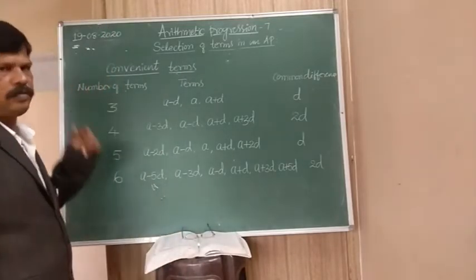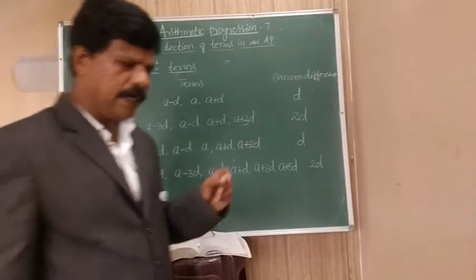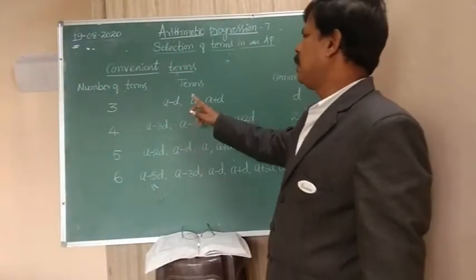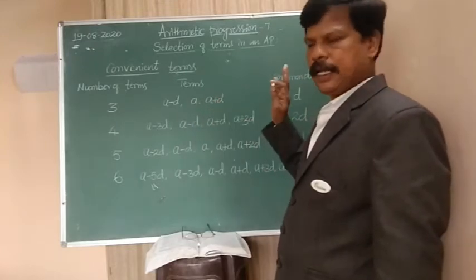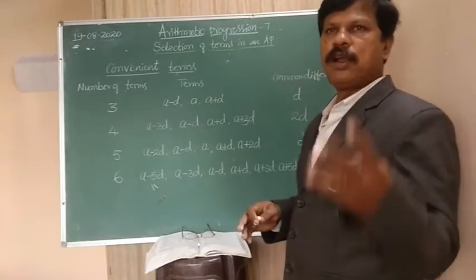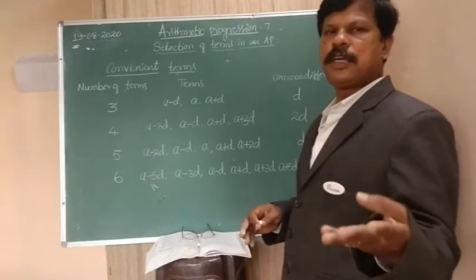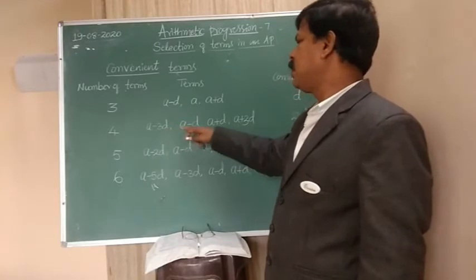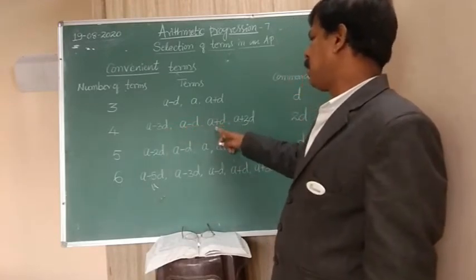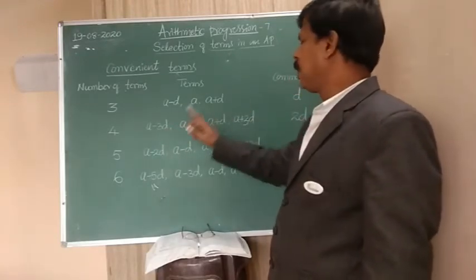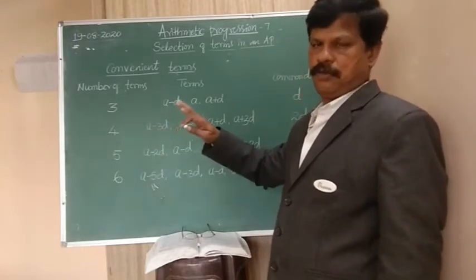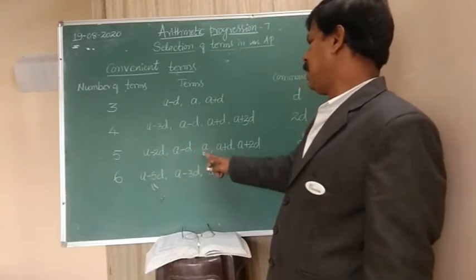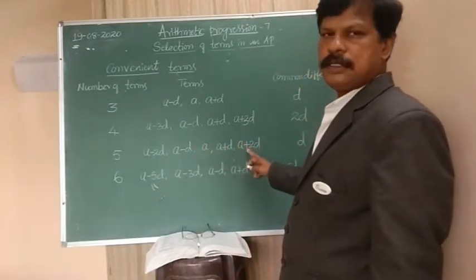If they ask for 3 terms, definitely you should take the three terms of an AP as a minus d, a, a plus d. If they ask to find 4 numbers in AP, then you should take a minus 3d, a minus d, a plus d, a plus 3d. If 5 numbers are to be found, take a minus 2d, a minus d, a, a plus d, a plus 2d.